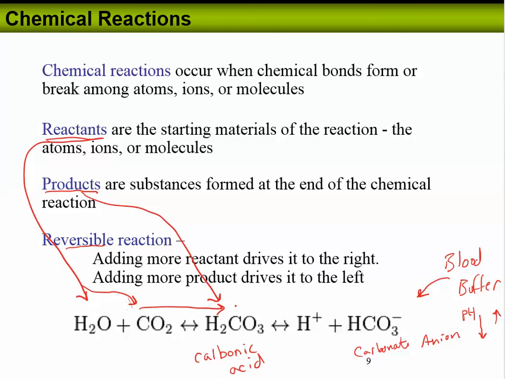If you have a buildup of the product, you're going to slow that, and it may move in this direction. Hopefully that all makes sense, and that's really all that this section is supposed to cover.